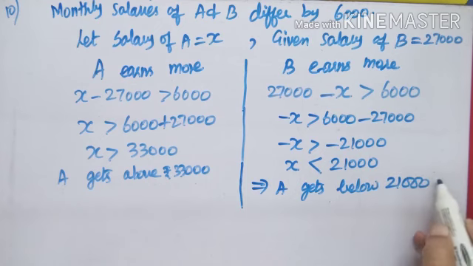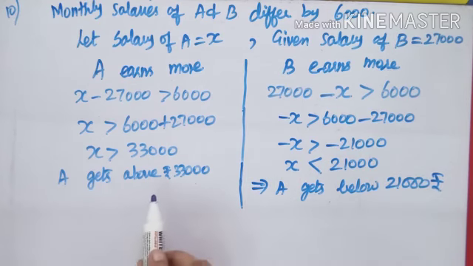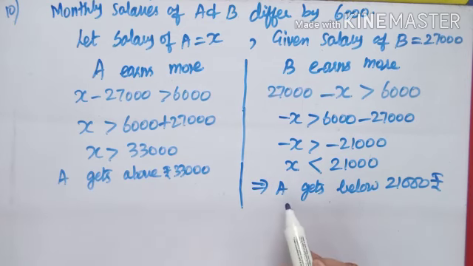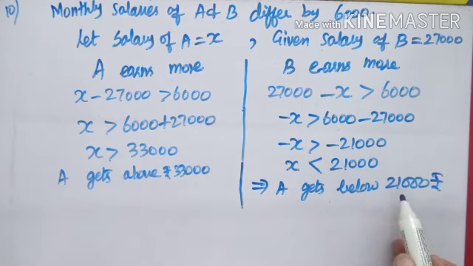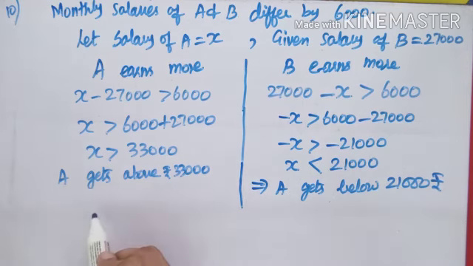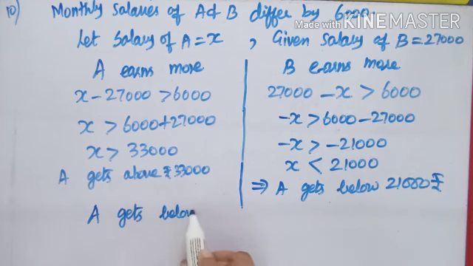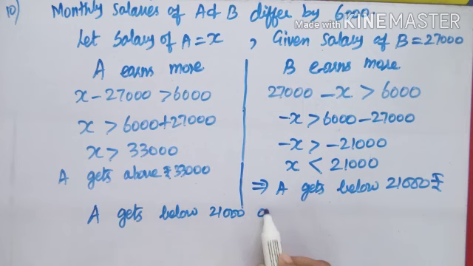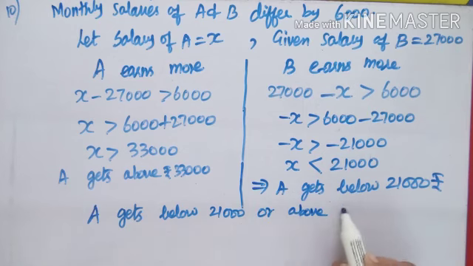My question is, what is the salary limit for A? So I will say A gets below 21,000 or above 33,000, and that is the answer. Combine both and write it.